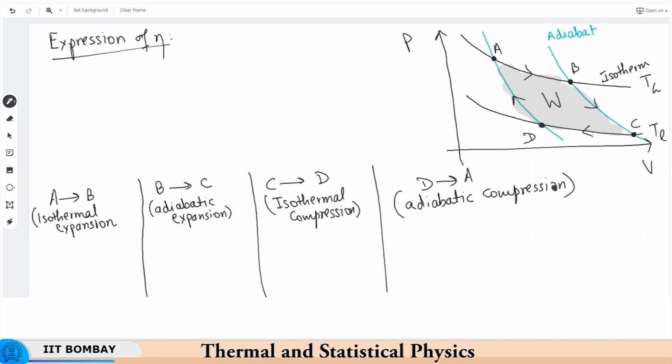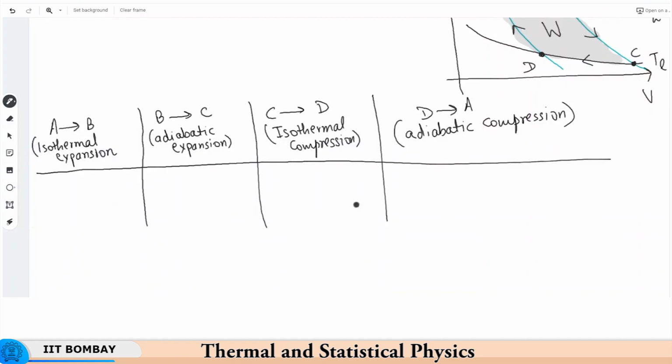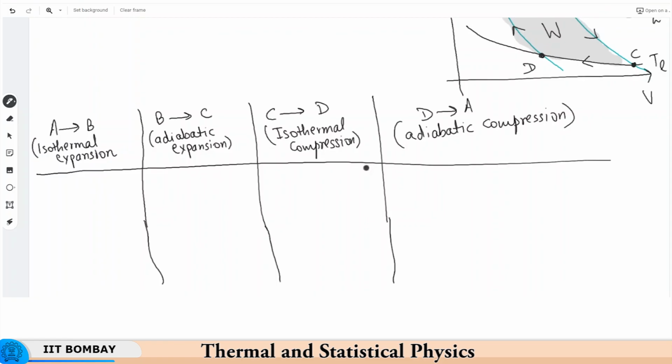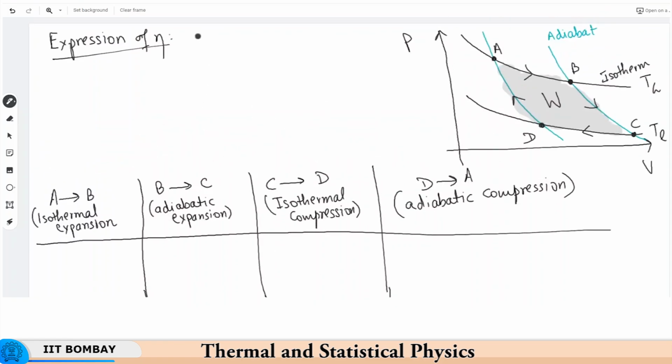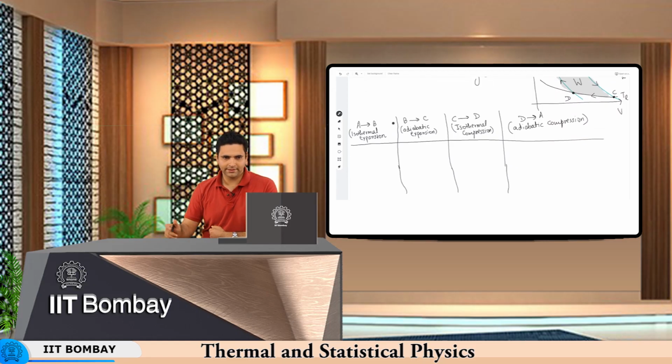And the way the system works is as follows. We are assuming the working substance is 1 mole of ideal gas. So this is an assumption that the working substance is an ideal gas.